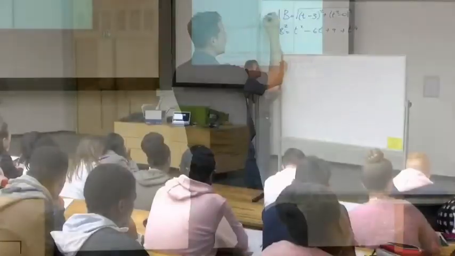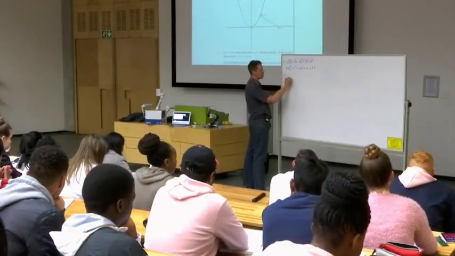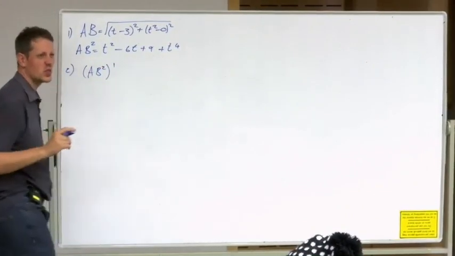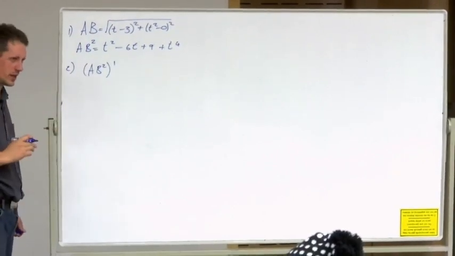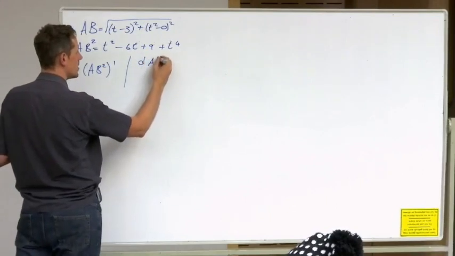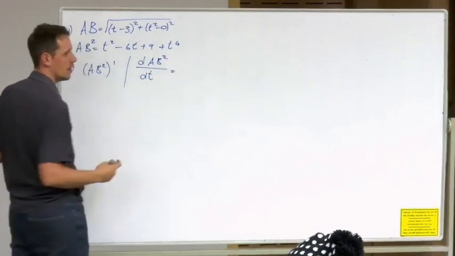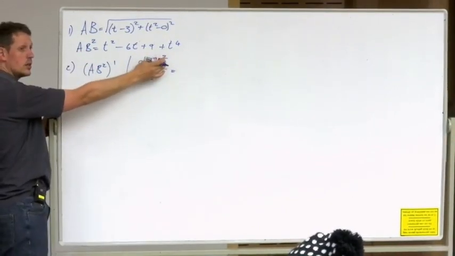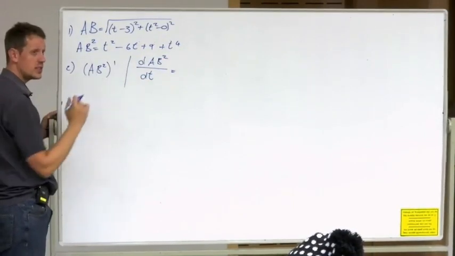So now, but how do I write it? That's number one. I can write it as AB squared accent. I don't like that because it looks as if it's to the power of 1. So I am rather going to write d(AB squared) over dt, because I'm working with AB squared as my dependent variable, and the t as my independent variable.